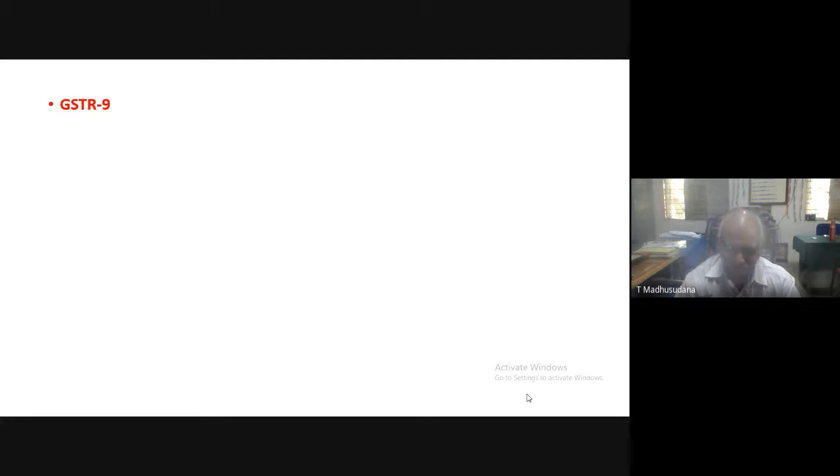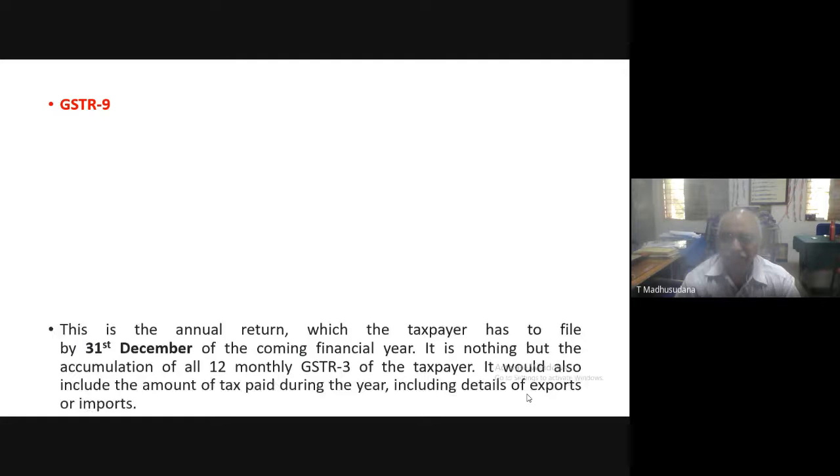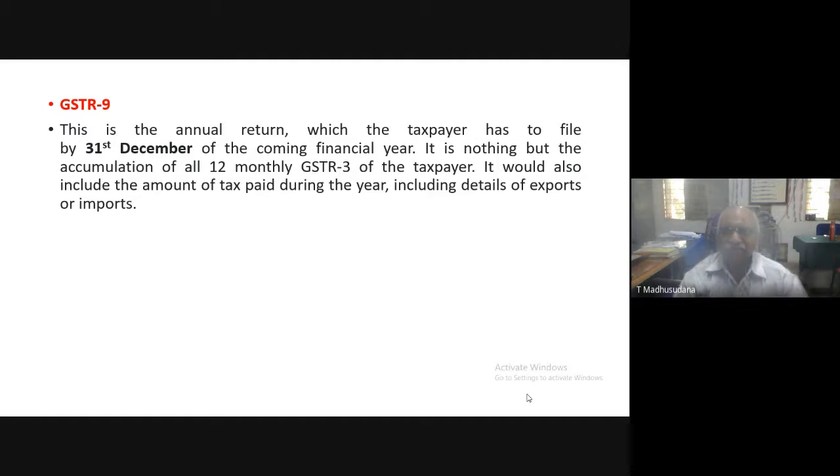Next, GSTR 9. Another form to be submitted by the taxpayer is GSTR 9. This is the annual return which the taxpayer has to file by 31st December of the coming financial year.